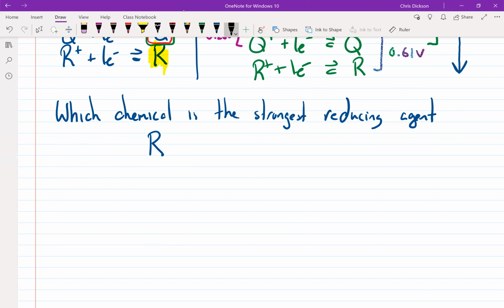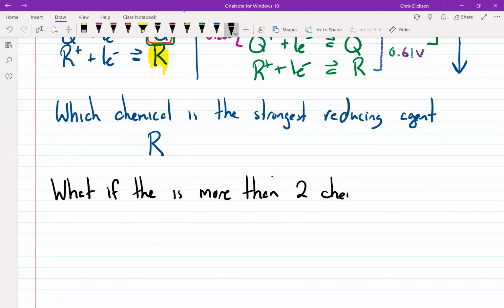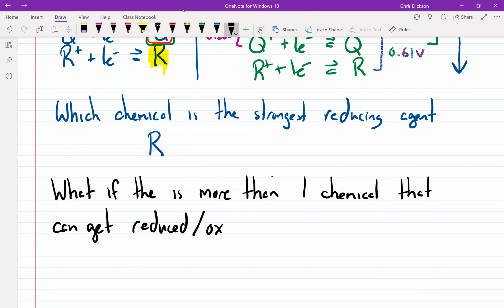So basically, what if there's more than two chemicals that can get reduced? I should say more than one chemical, because you could just have two you have to choose from. More than one chemical that can get reduced or oxidized.